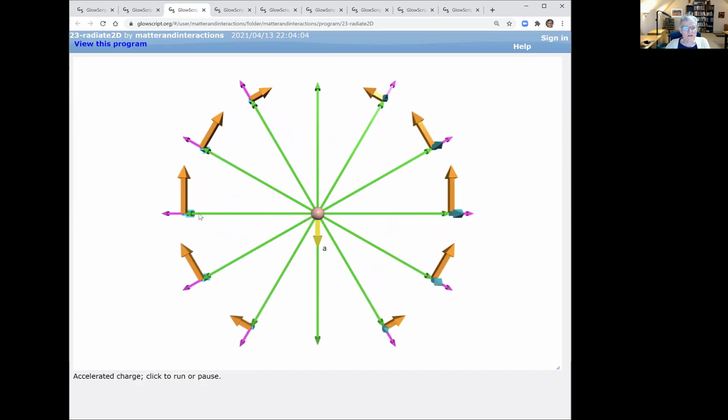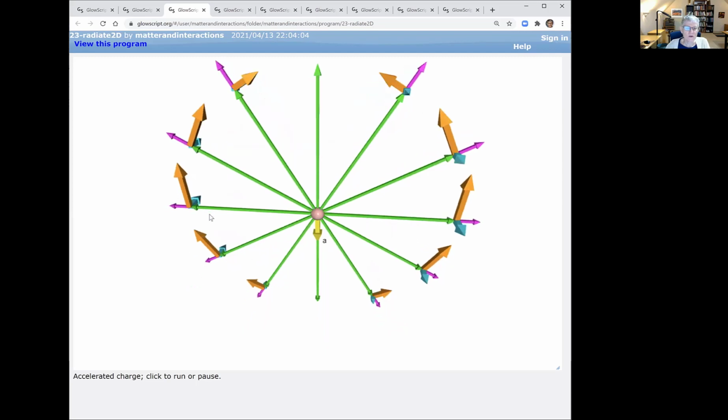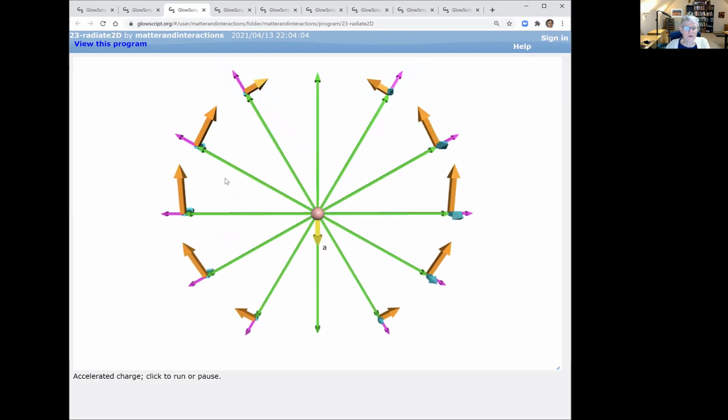So at this observation location, we see an electric field pointing up, a magnetic field pointing actually into the screen in the -z direction. And this little magenta arrow is the direction of propagation, the direction the pulse is traveling.